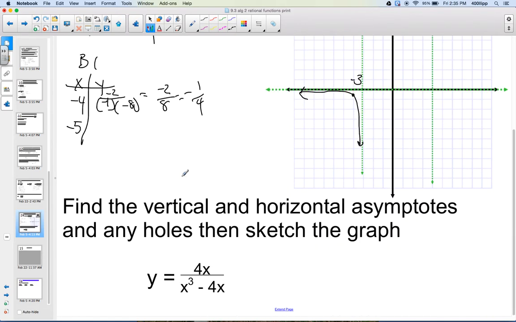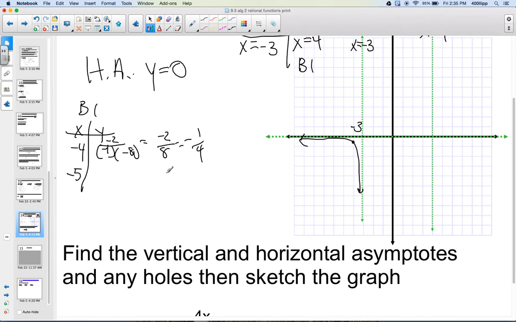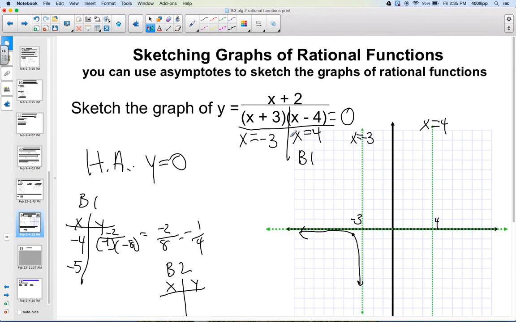For branch 2, we're going to plug in values that are between -3 and 4, those asymptotes there. And if we look here, this numerator is also giving us another key feature. Setting the numerator equal to 0 tells us where it crosses the x-axis, and we'll get -2.